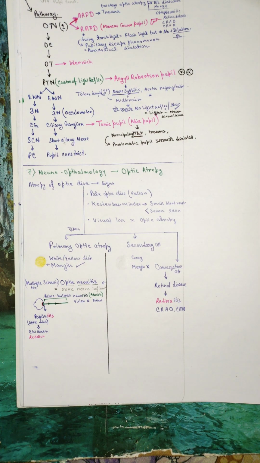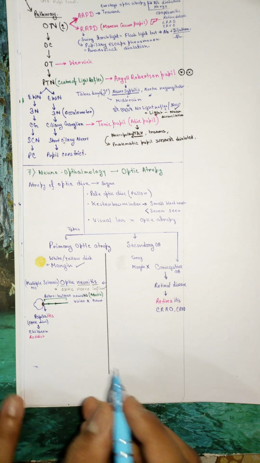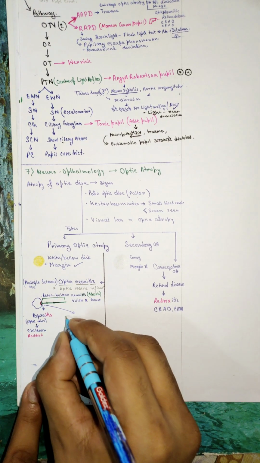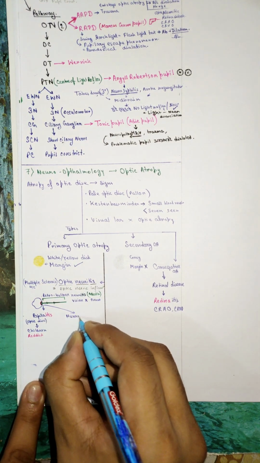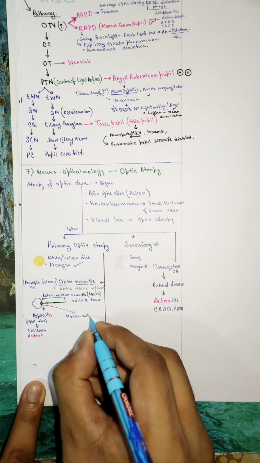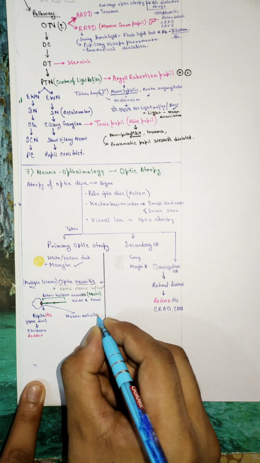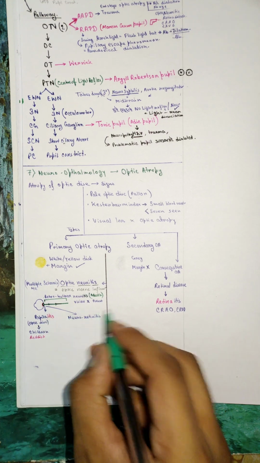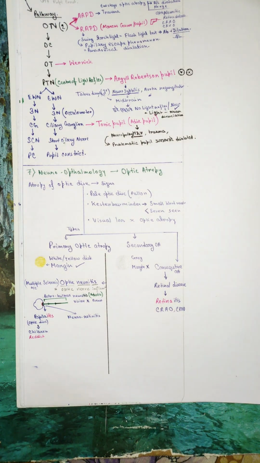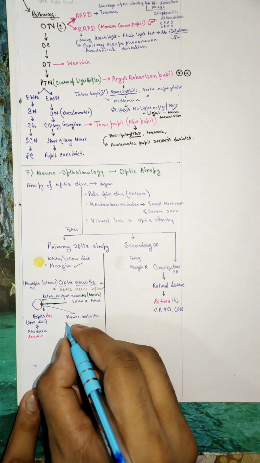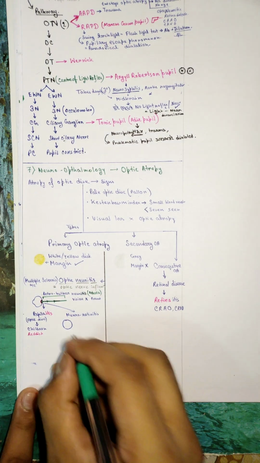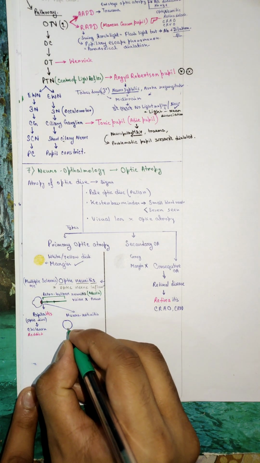Next is neuroretinitis. That means it happens as well in this part. Neuroretinitis. And what will happen here? That the macula, it is the optic nerve. Just draw. It is my retina. Here comes my optic nerve. That is actually the blind spot.